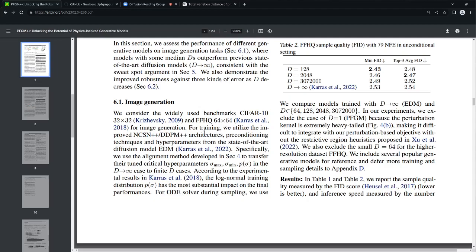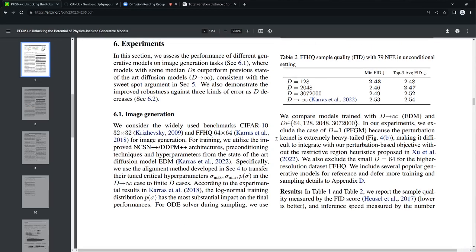They also mentioned that for the backbone for the field, they use basically the same architectures as in the original PFGM paper, DDPM and NCSN++ in both cases. So the architecture is from NCSN++.